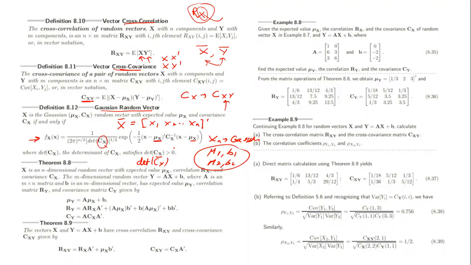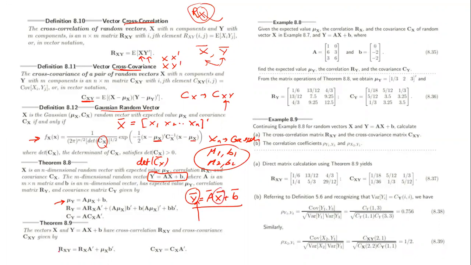Now, suppose we are given a random vector y, which is a linear function of x. So can we estimate the properties, the functions or characterization of y using A?